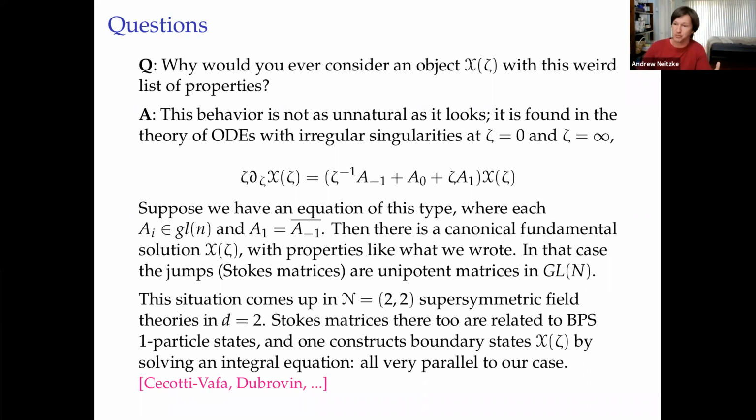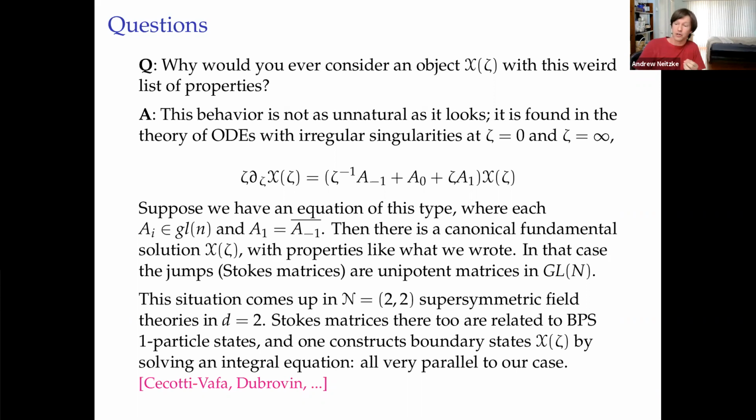So my context was supposed to be the context of N equals 2 supersymmetric field theories in 4 dimensions. There's a simpler thing which had been studied before by people including Cecotti, Vafa and Dubrovin, where you literally need a differential equation over CP1 with this form.